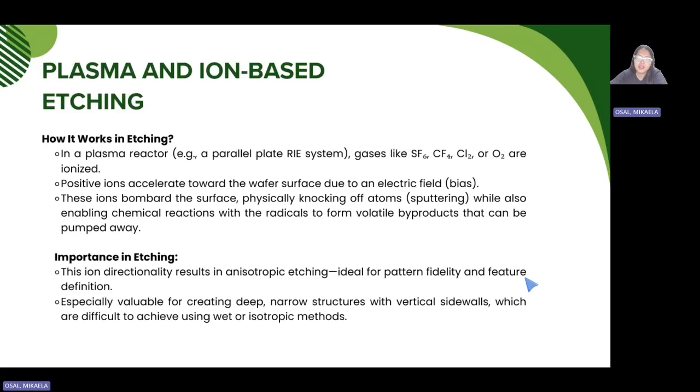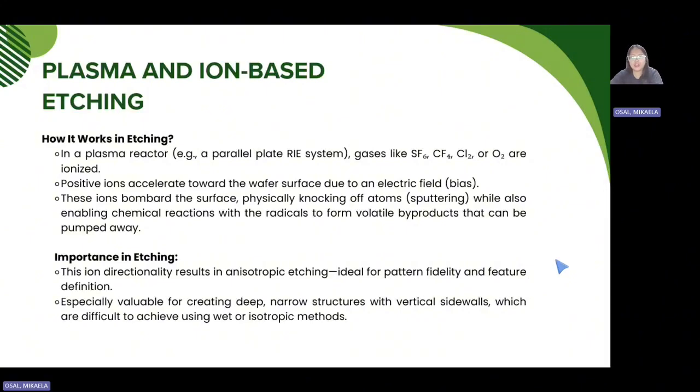So in plasma and ion-based etching, gases like SF6, CF4, Cl2, or O2 are introduced into a plasma reactor, such as a parallel plate RIE system, where they are ionized by an electric field.